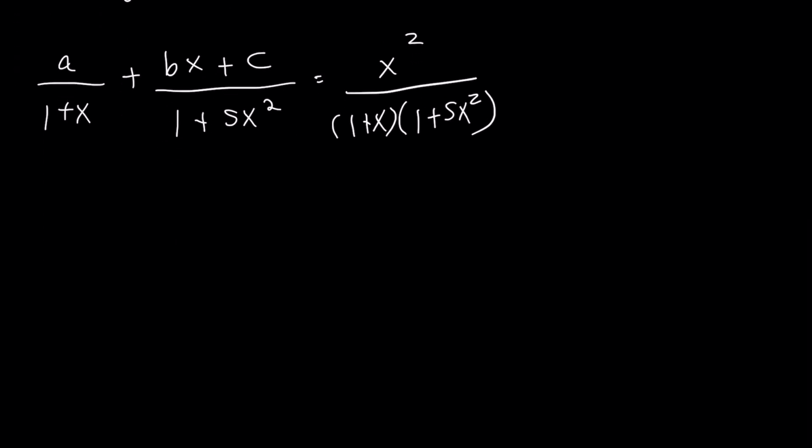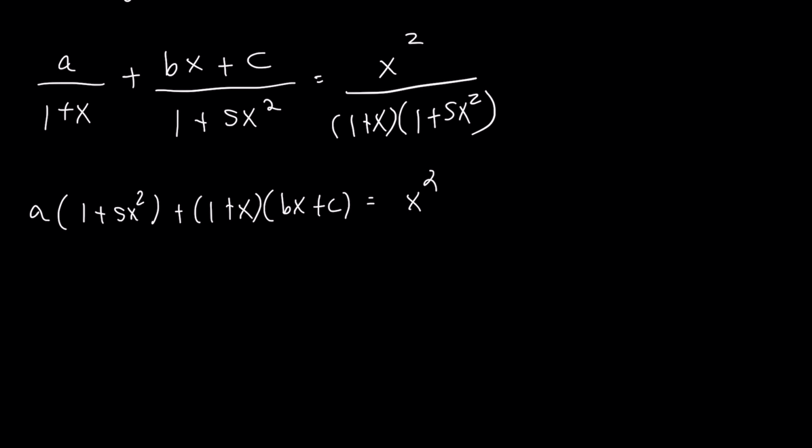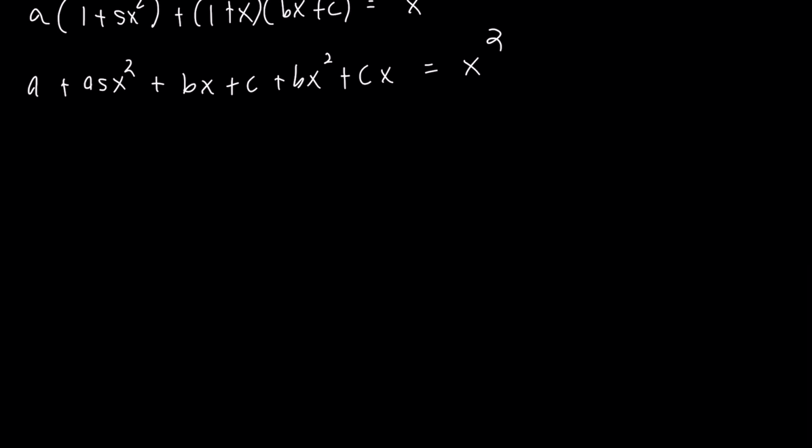So getting a common denominator, we have that a times 1 plus sx squared plus 1 plus x times bx plus c equals the numerator x squared. So expanding this, we have a plus asx squared plus bx plus c plus bx squared plus cx equals x squared. And we'll factor a bunch of terms.